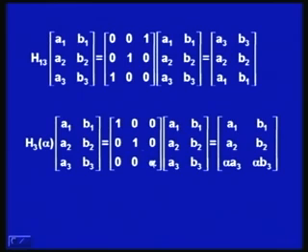So, we will have 1 1 alpha multiplied by this, and if you really perform this multiplication, what you will have is this matrix. Similarly, H12 alpha multiplied by this means we will have the first row plus the second row multiplied by alpha. So, H12 alpha is this matrix multiplied by this matrix, and if you perform this multiplication we will have this matrix.